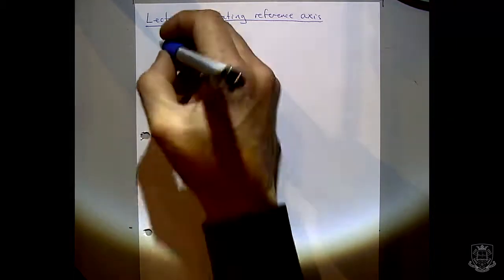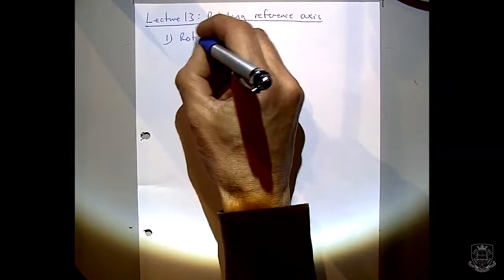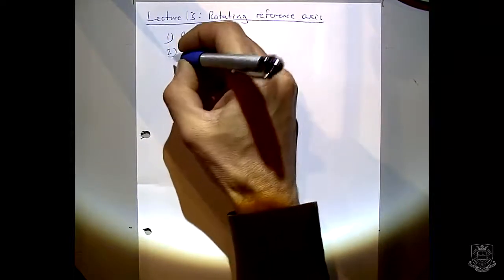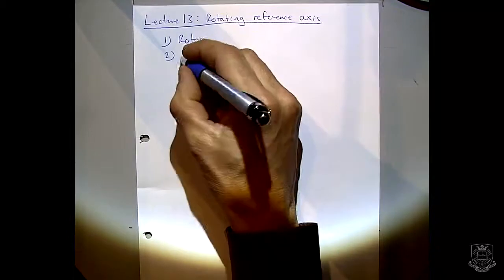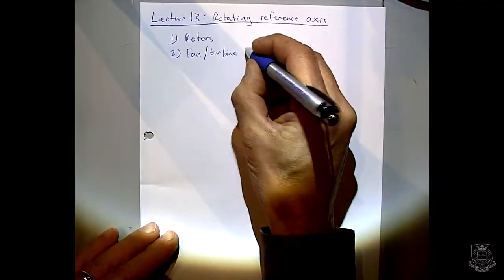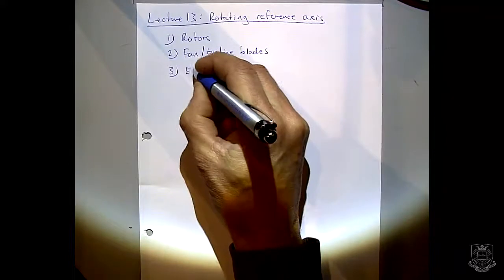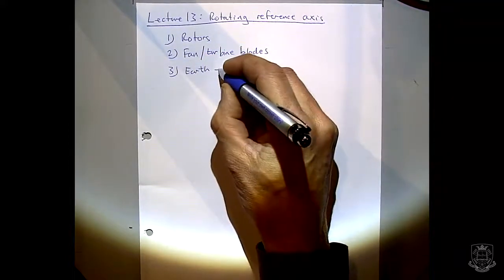So we're up to lecture 13 here with our course, and so we're going to talk today about rotating reference axes, which are used in several different situations for aerospace engineering. The types of situations we use these rotating reference frames is when we're trying to model things like rotors, fan turbine blades is another good example, and also things like the Earth space system.